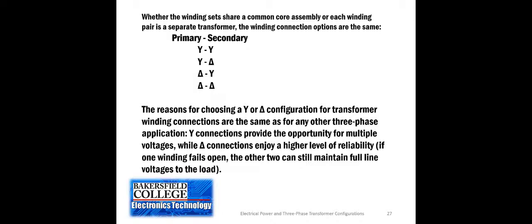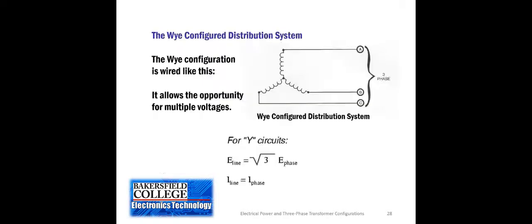Now, a delta is good because it is more reliable. A delta will still function if one of the coils burns out. The other two coils will keep all three phases energized. And we call that an open delta, and you'll see that in just a little bit. Okay, so let's get into the Y-configured distribution system.